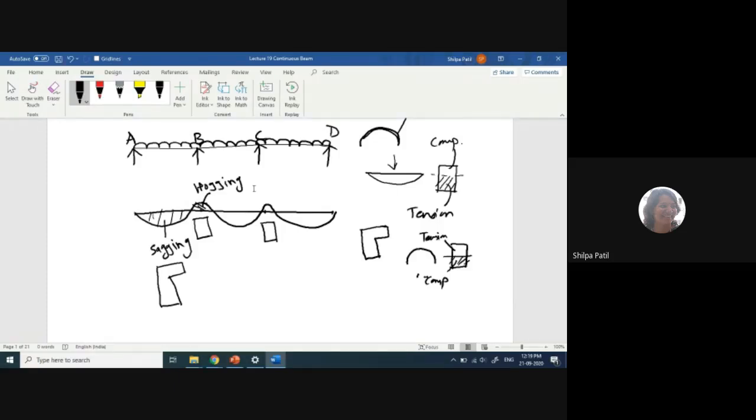So we have to make use of the moment distribution method to calculate the total moment acting on each span and at the support also. Based on that, we have to further find out the moment resisting capacity of the continuous beam. This is a lengthy process, and I think we will require at least 3 lectures to complete a single problem of a continuous beam.